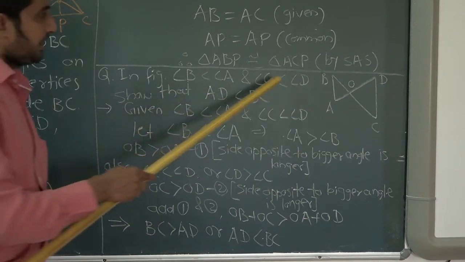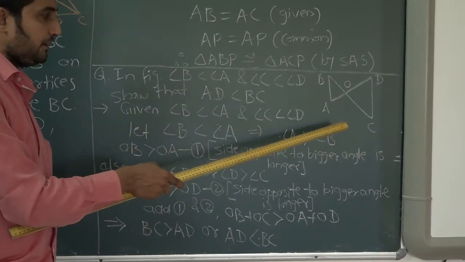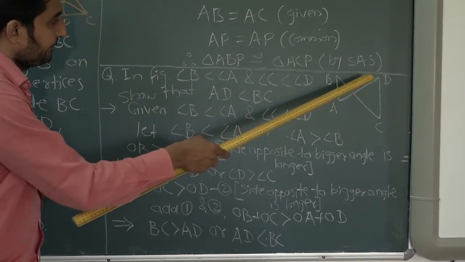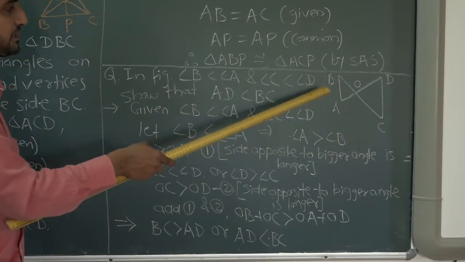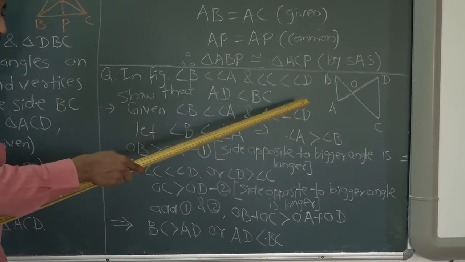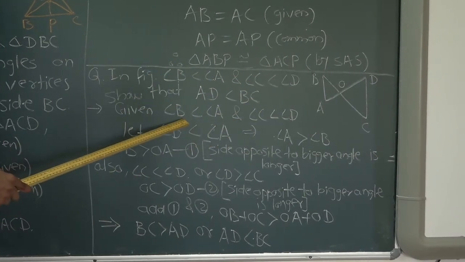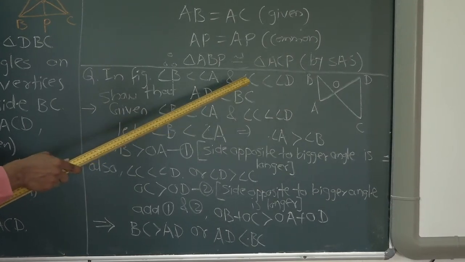Dear students, if you observe this carefully, it can be clearly seen that the result holds true, that this side is less than this side, means AD is less than BC. But by using geometry, we are asked to show that AD is less than BC.